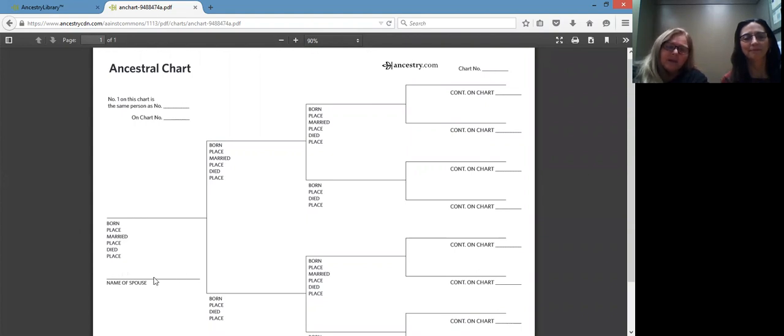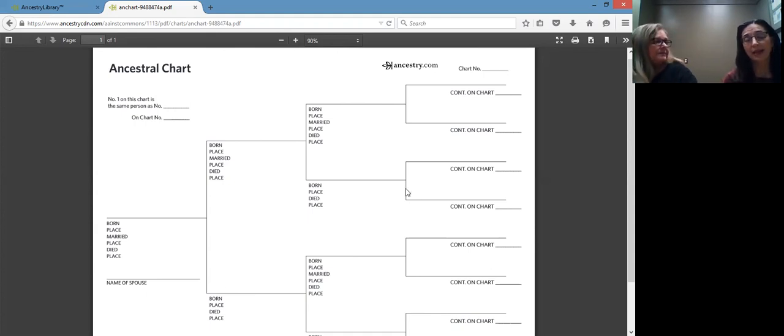And then down here I put my spouse's name. But as I come across to here, I would put my father's name here and his information. And down here I would put my mom's name and her information. And then as I go across, this is where I would put my paternal grandparents. And down here, I put my maternal grandparents. And this is where I'd put my great grandparents.